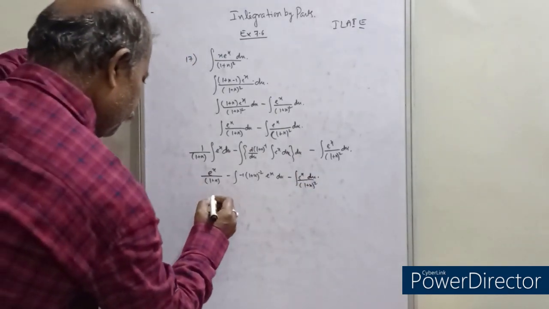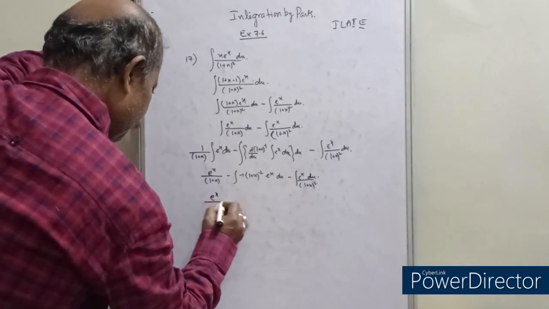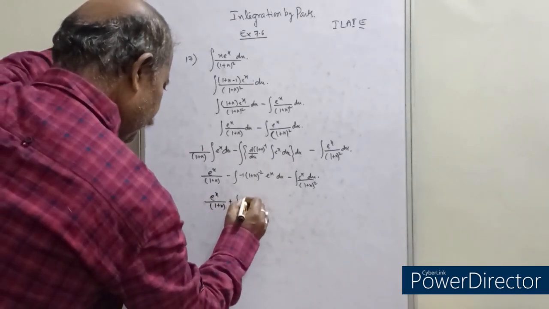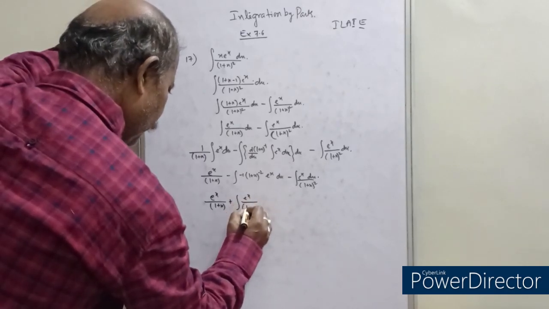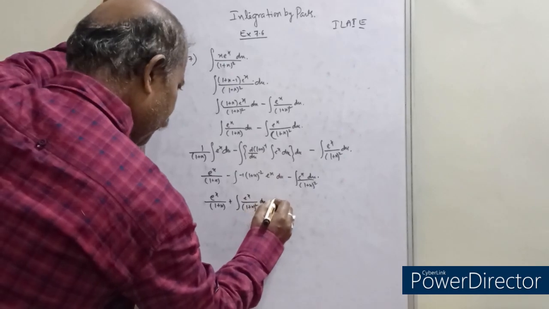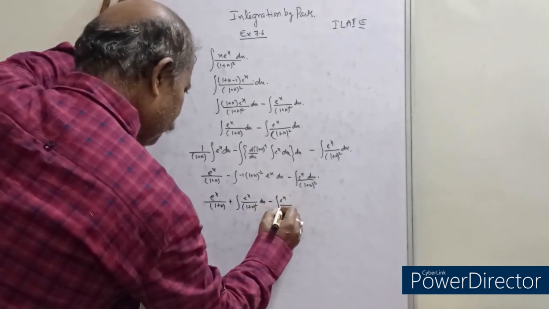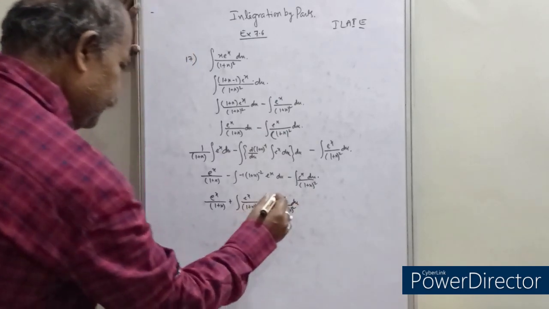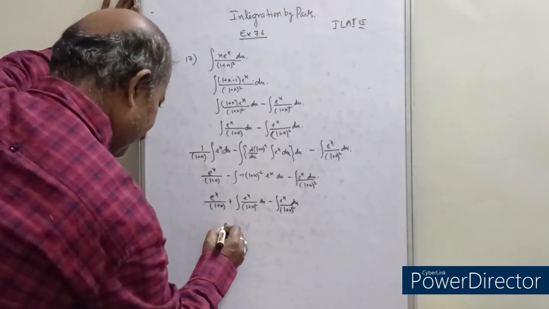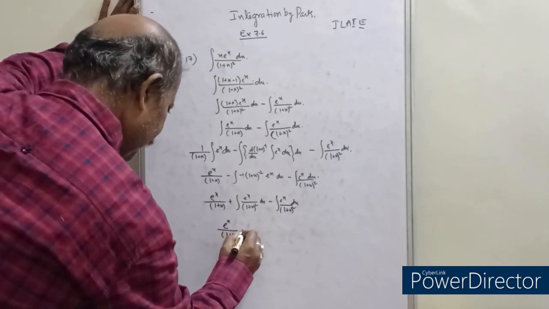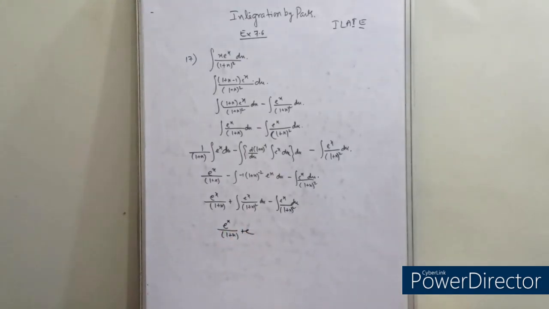So this comes out to be e to the power of x by 1 plus x plus e to the power of x by 1 plus x the whole square dx minus e to the power of x by 1 plus x the whole square dx, and this cancels out. So your answer will be e to the power of x by 1 plus x plus c. So this is your answer.